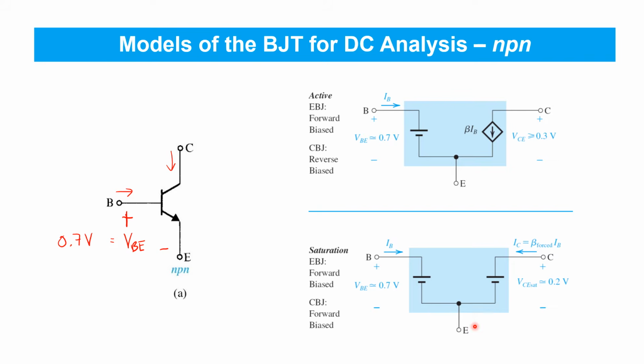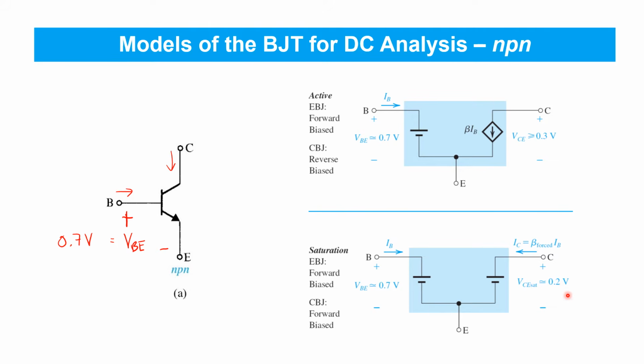In saturation mode, again, we've still got a forward voltage drop of 0.7 volts between base and emitter, assuming that there's forward current flowing there. But the collector emitter voltage drop now remains constant. And for our approximate model, we may assume a voltage drop of about 0.2 volts there. Again, sometimes slightly different values may be used.